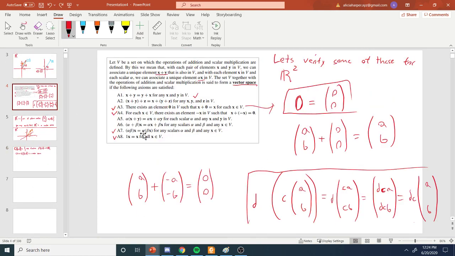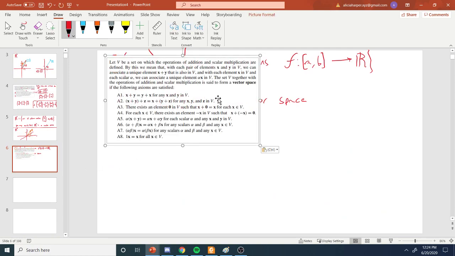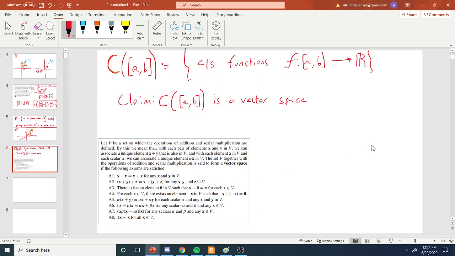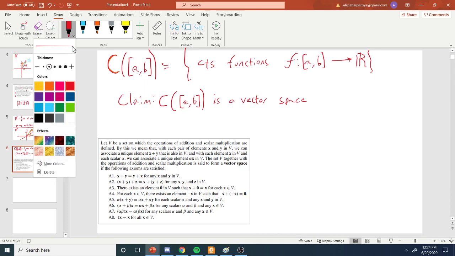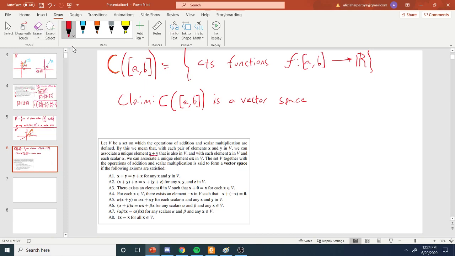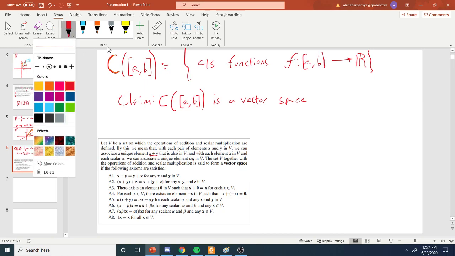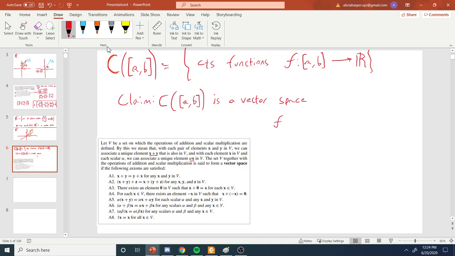So in order to show that this is a vector space, what we need is an addition operation, and we need a scalar multiplication operation. And then we need to check that axioms A1 through A8 are satisfied. So here's how the addition operation works. Suppose we have two functions f and g that are in this set, C of AB.